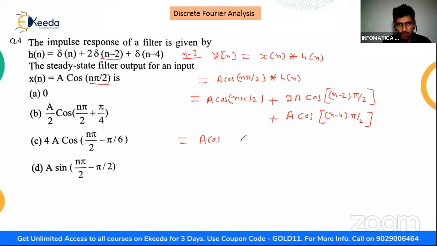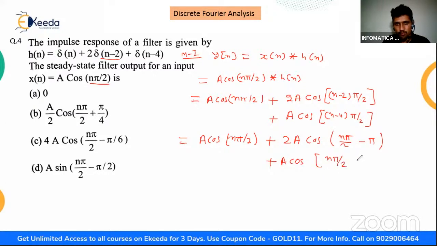a cos n pi by 2 plus, just simplify it, you will get 2a cos(n pi by 2 minus pi). Similarly here you will get a cos(n pi by 2 minus 2 pi).